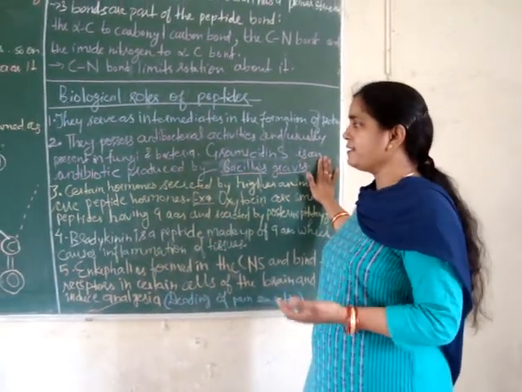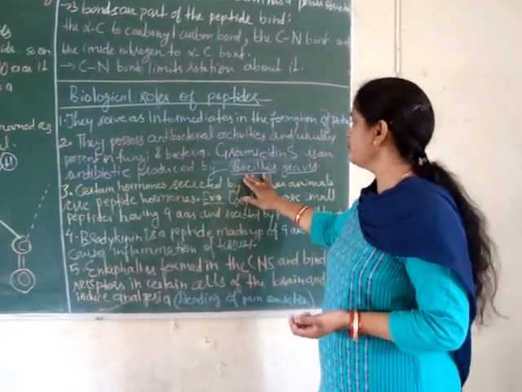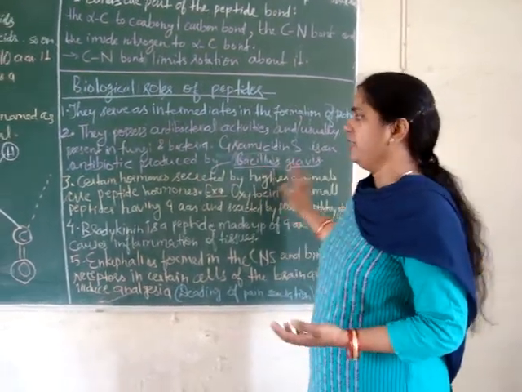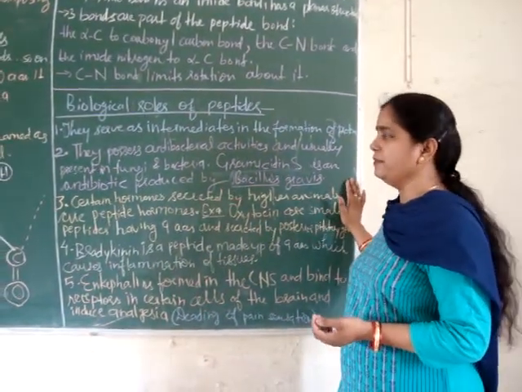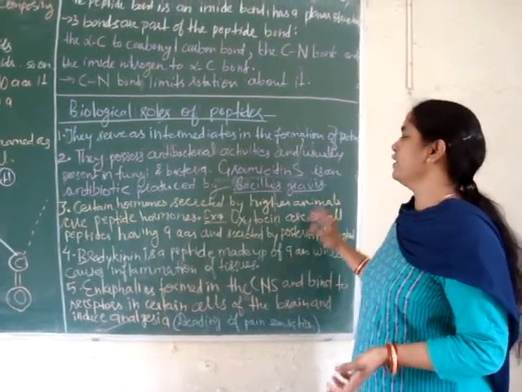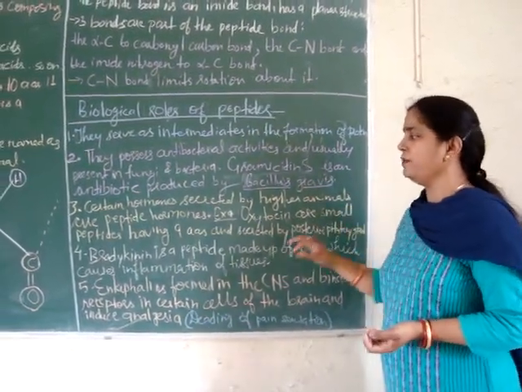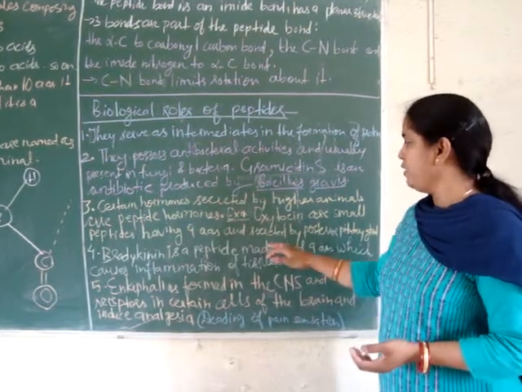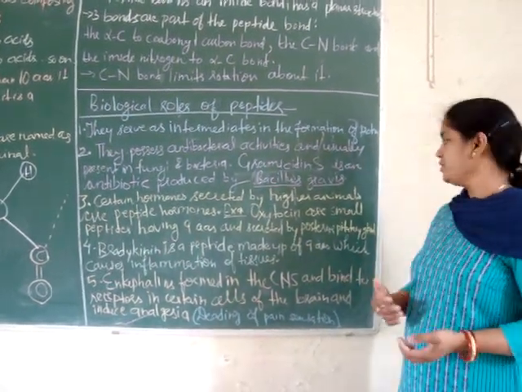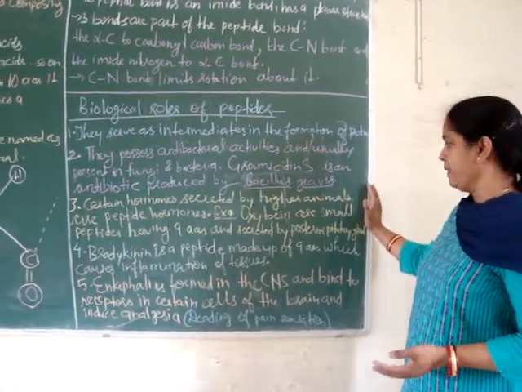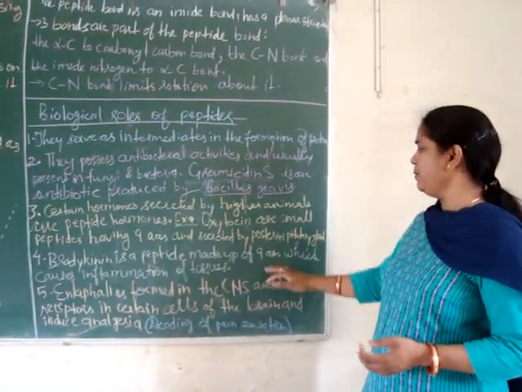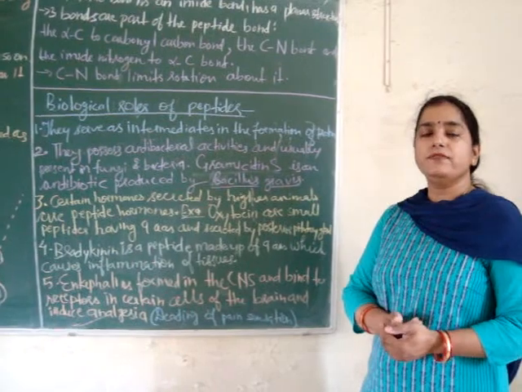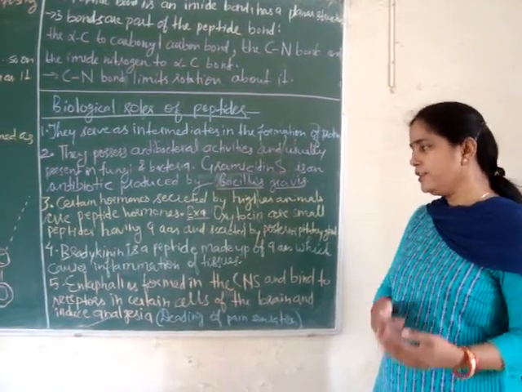Gramicidin S is an antibiotic that is produced by Bacillus brevis. Third, certain hormones secreted by higher animals are peptide hormones. For example, oxytocin is a small peptide having 9 amino acids and is secreted by the posterior pituitary gland. Then bradykinin is a peptide made up of 9 amino acids, which causes inflammation of tissues.